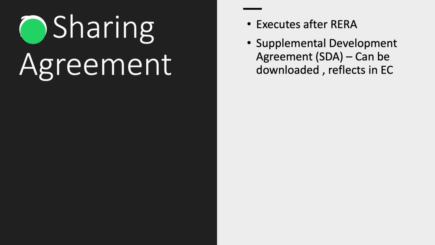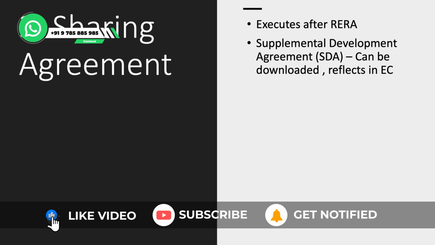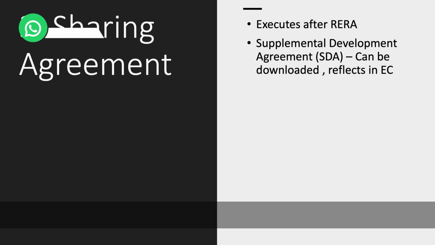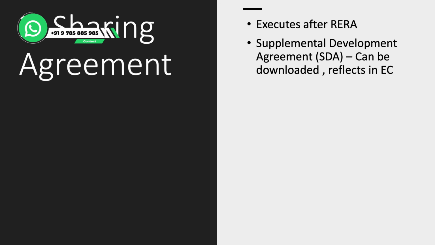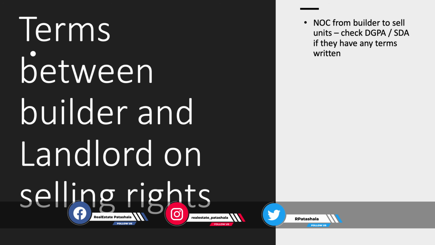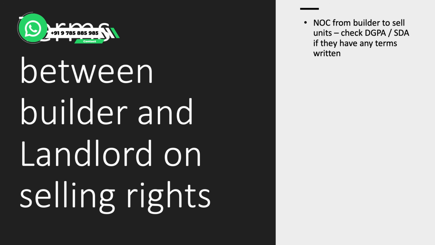So whenever somebody proposes, okay, I am selling you A block 1402 flat, check in the EC that this flat is still in the builder bucket or has been transferred to a new person. Sometimes you also have to check the terms between the builder and landlords regarding TDS, GST, etc. You can check these terms in the sharing agreement or development agreement.